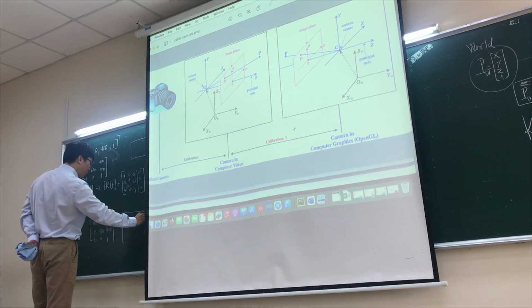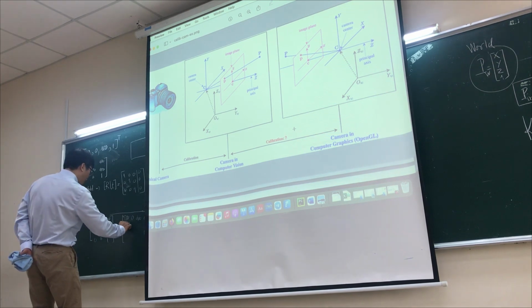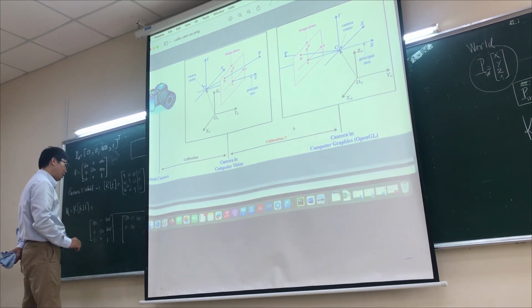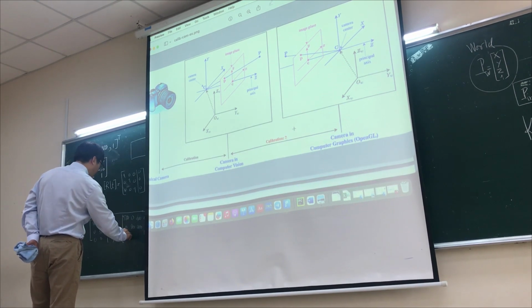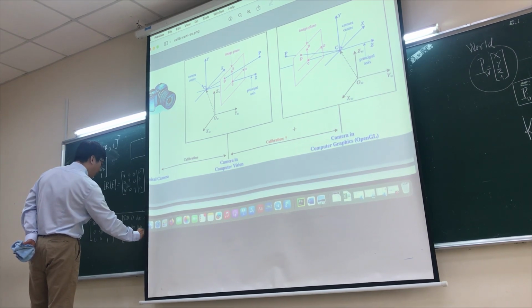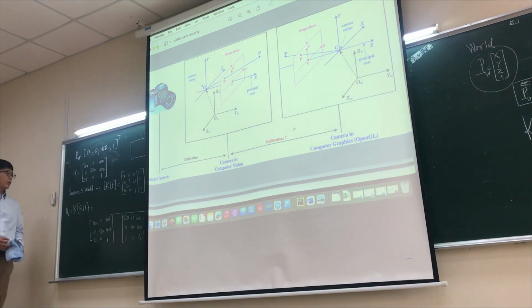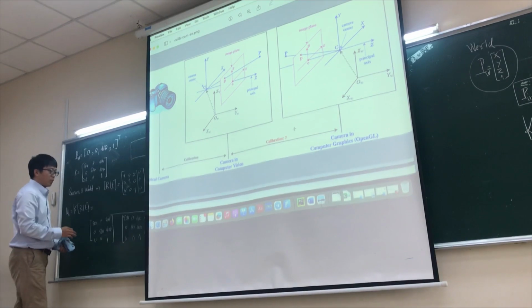And actually you can see the same here: 0, 500, and here 400. You can verify. So you can see the whole matrix MC equals this.